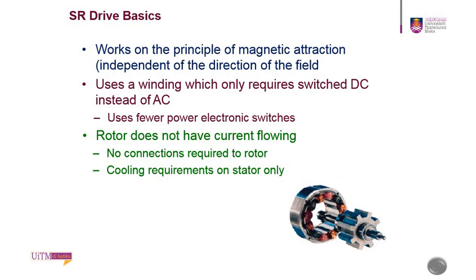It uses a winding which only requires switched DC instead of AC, and it uses fewer power electronic switches. The rotor does not have current flowing to it, so there is no connection required to the rotor, and you only require cooling on the stator.